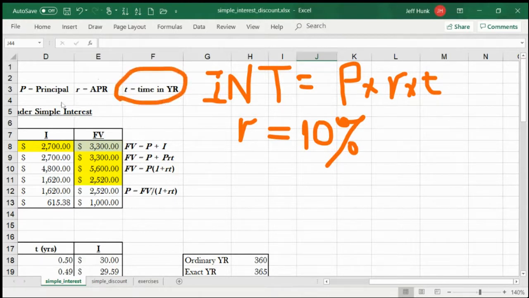R, rate, stands for the interest rate, which is the annual percentage rate.